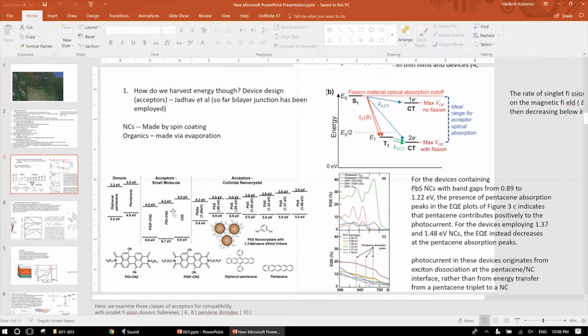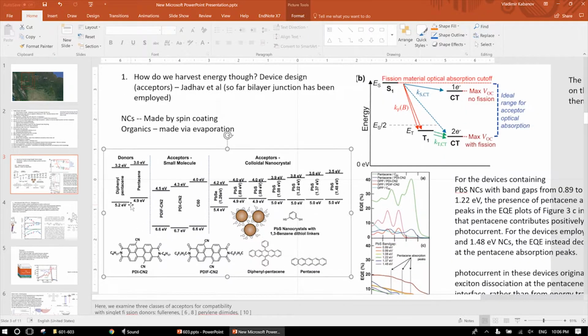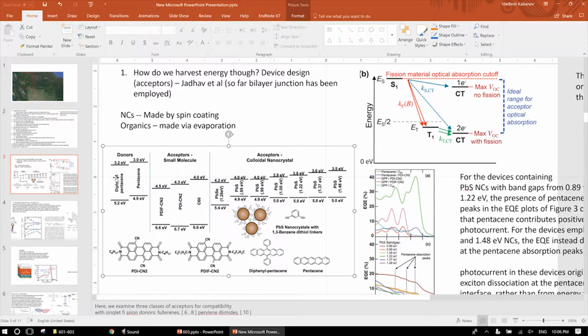This is the original figure from the paper by Jadaf, which I just took a screenshot of. As you can see, there is so much going on here. If I pull up this figure, I will spend 5 or 10 minutes just talking about what these different materials are and the reason why certain things were tested, and it's just going to take way too long.